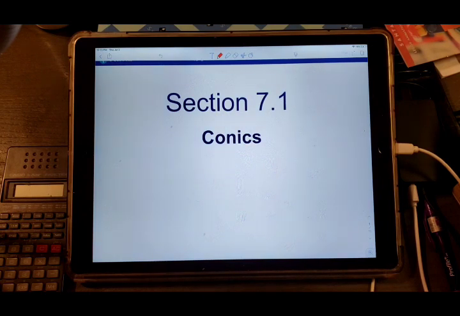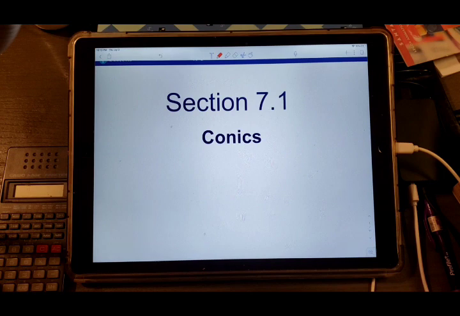And section 7.1 is an interesting section in the book. You might think I think all sections are interesting, but no, it's a unique section in that there are no examples and there are no homework exercises in 7.1. It's the only section where the author does that.